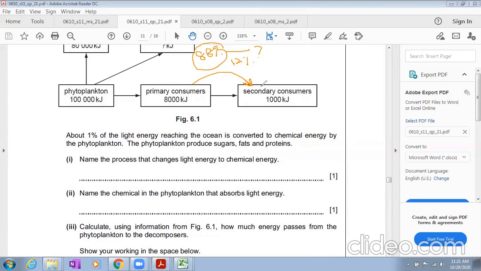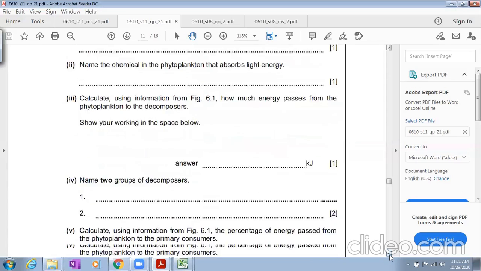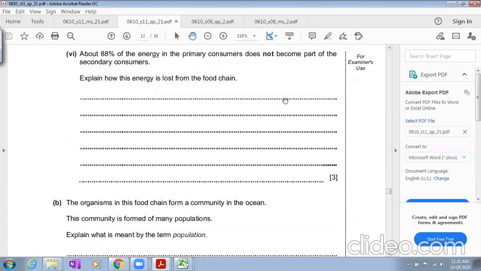Now, see here. According to the question, from the primary consumer only 12% of energy is transferred; about 88% of energy does not become part of the secondary consumer. Why does this 88% not become part of the secondary consumer? Let's see. Very good, most of you are correct.